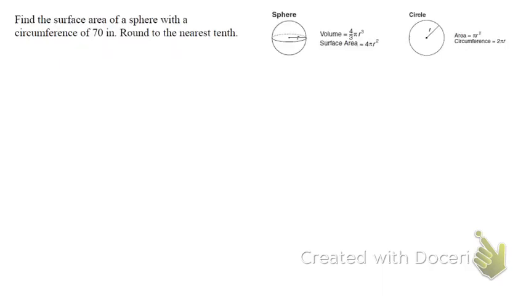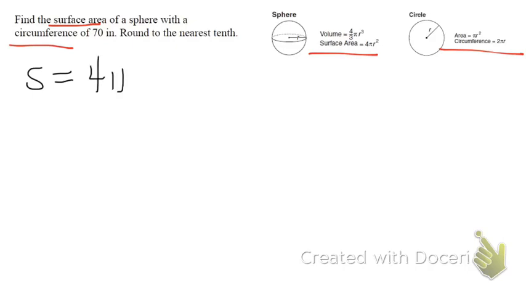We have to use the circumference formula, which is this guy, and the surface area formula, which is this guy. And honestly, it doesn't matter which one you write first. You're going to end up using both of them. So I'll just write the first one I think of without even reading the problem. Surface area is equal to 4 pi r squared.